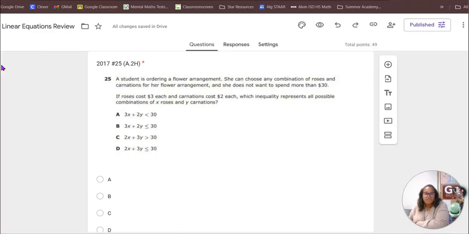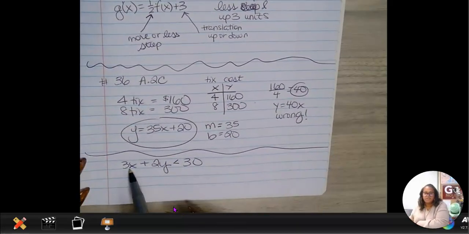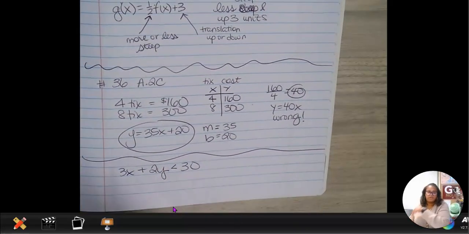Which inequality represents all possible combinations of X roses and Y carnations? Remember, she does not want to go over 30. So I need to be less than 30. So when I write my inequality, it should look like this. 3x plus 2y is less than 30.